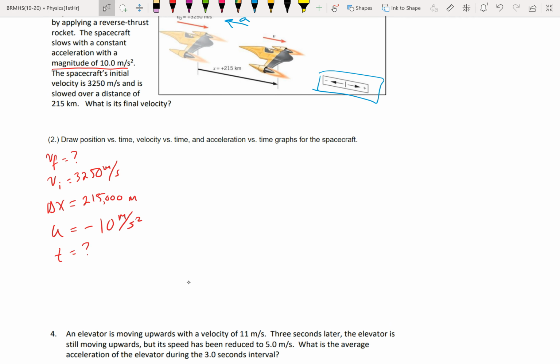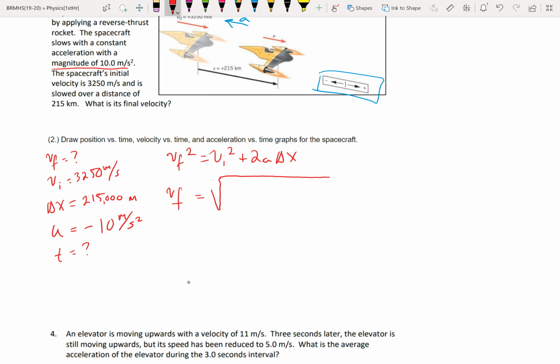So I know that my fourth kinematic equation could be useful here because it's the one with no time. So if I'm looking for v_f and I also don't know t, this is the one to go to. We're looking for v_f, so I'm going to isolate it by itself.